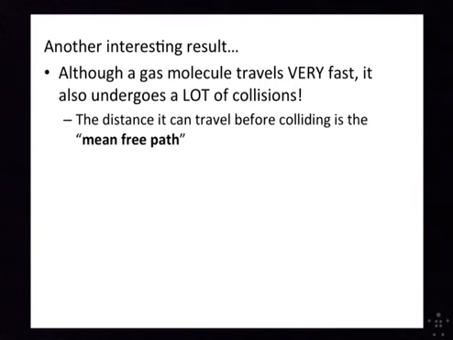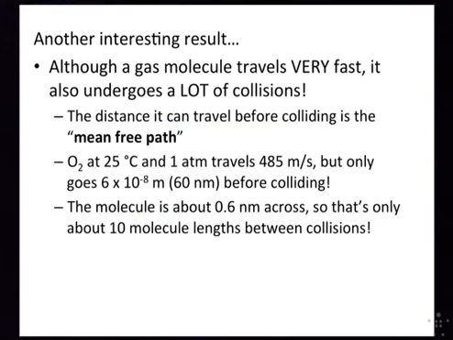One other thing to keep in mind when we're talking about molecules is that they're moving very, very fast, but they undergo a lot of collisions. The distance between molecules before they collide we call the mean free path. Just to give you an example, oxygen at 25 degrees Celsius and 1 atmosphere of pressure travels at about 482 meters per second.